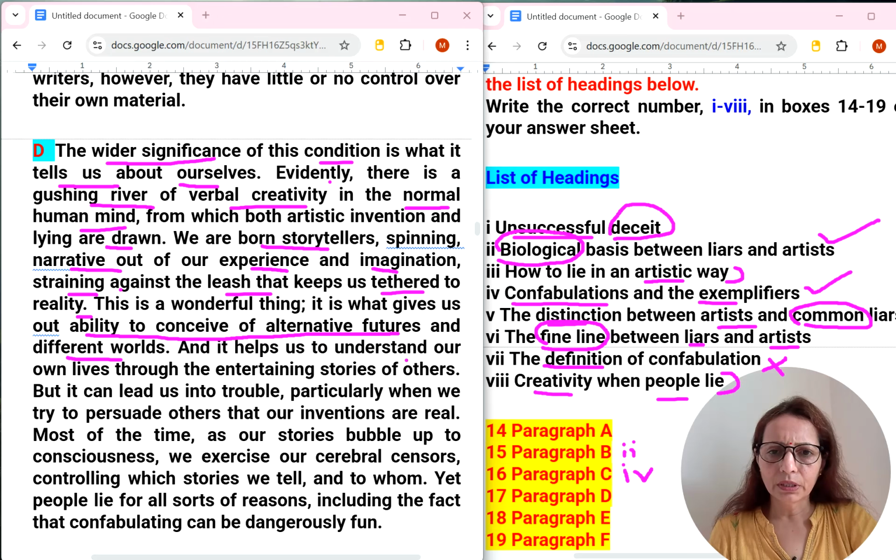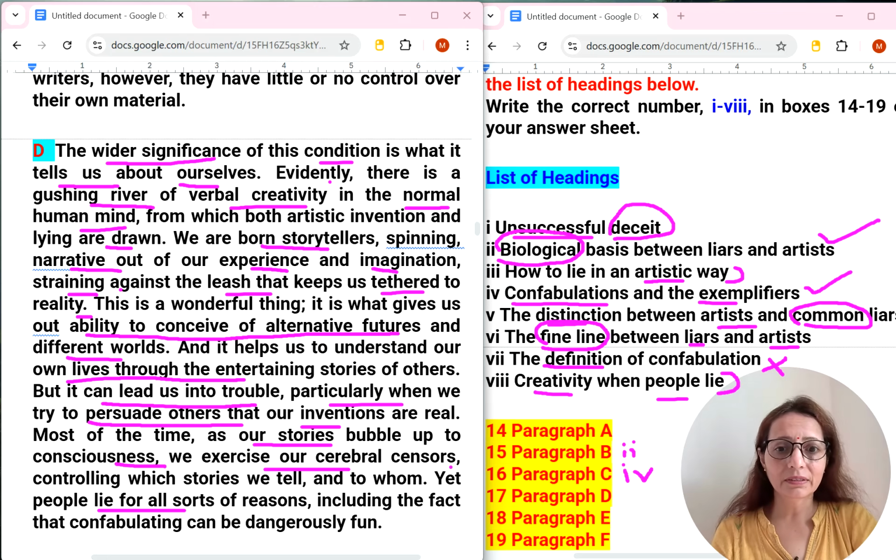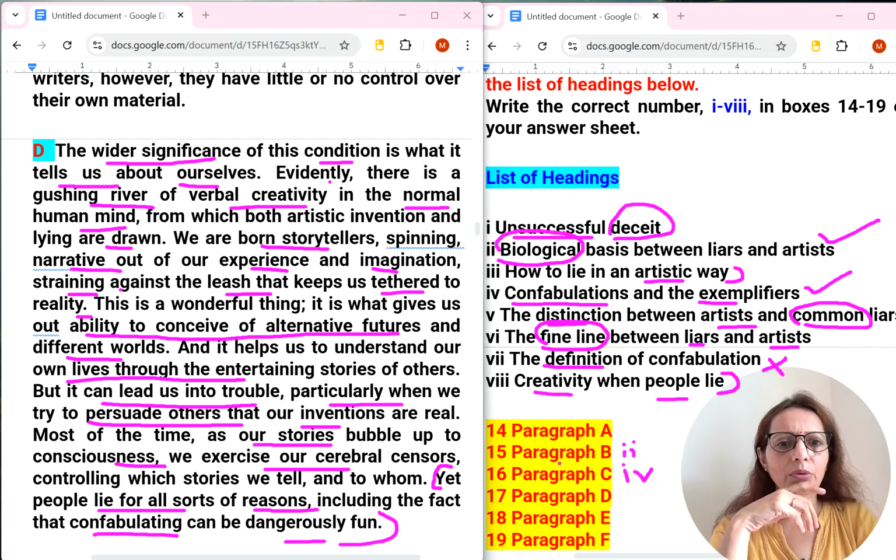And it helps us to understand our own lives through the entertaining stories of others, but it can lead us into trouble, particularly when we try to persuade others that our inventions are real. Most of the time our stories bubble up to consciousness and we exercise restraint, yet people lie for all sorts of reasons, including the fact that confabulating can be dangerously fun. See, this last sentence is giving something.